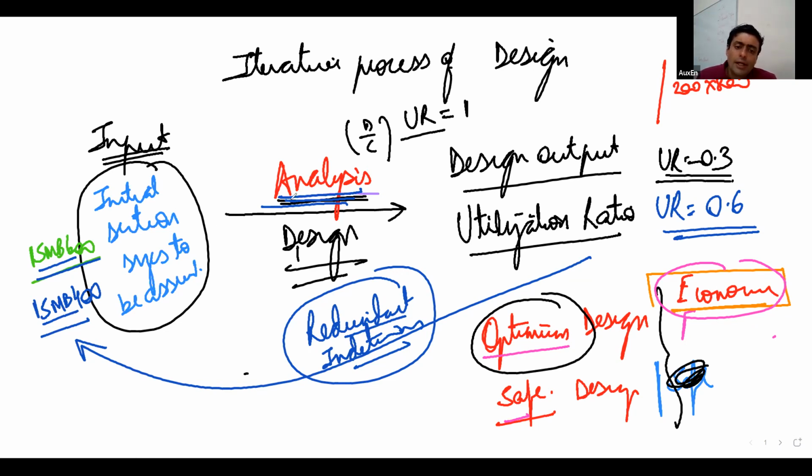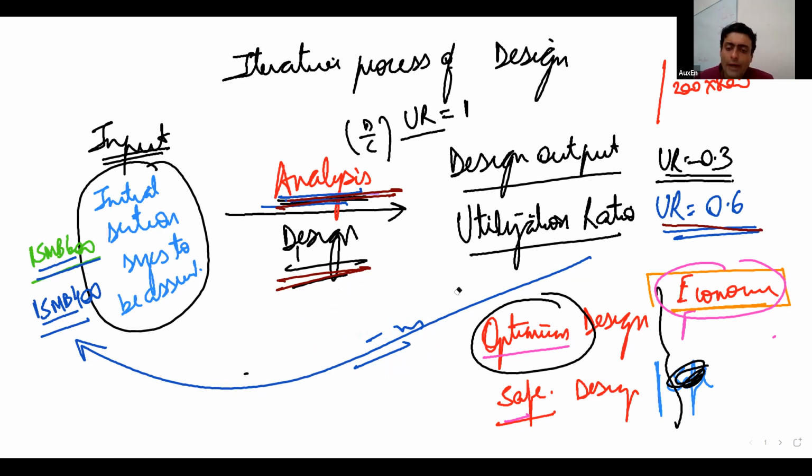So you rerun your analysis, you rerun your design, and then you get your UR as 0.6. Again, it is safe, but let's say you think it's not optimum. So again you go back to your initial level, change the size, and rerun your analysis.